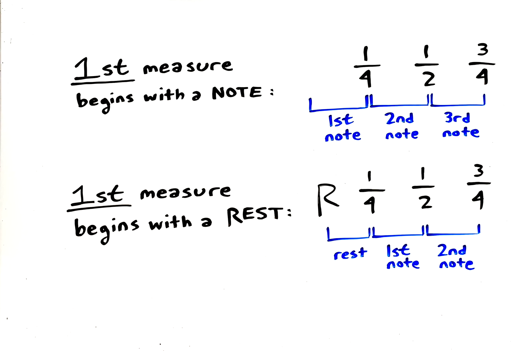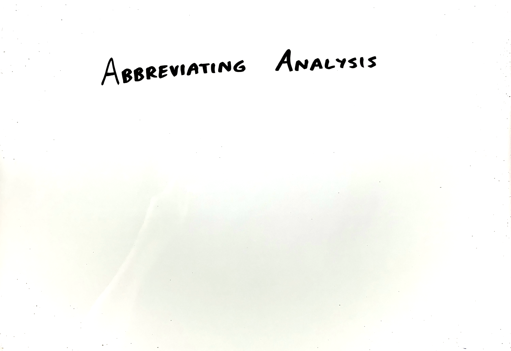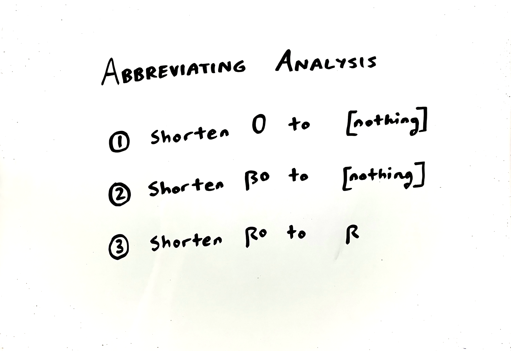So, in other words, we are simply abbreviating our analysis by leaving out 0 and B0 and shortening R0 to R. Now, I won't always use this abbreviation in this video. I'm just showing you that this is an easy way to save time when you're analyzing a rhythm.